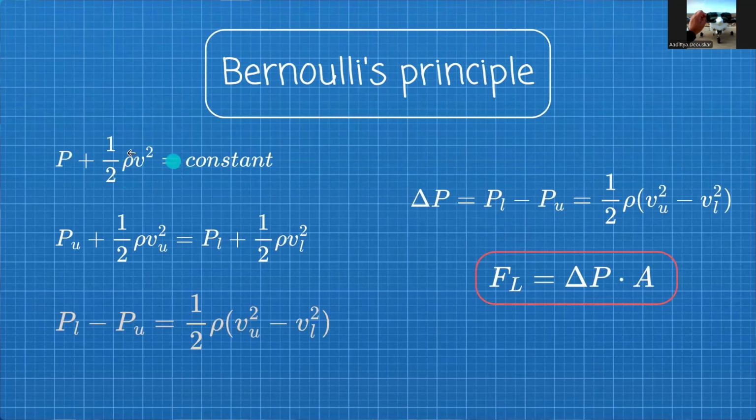So this is the general expression of Bernoulli's theorem. I will not account for the difference in height in this case. So ignoring the difference in height, we get this: static pressure plus half rho v squared, where rho is the density of the medium, in this case air, and v is the velocity of the fluid flow. It's always constant.